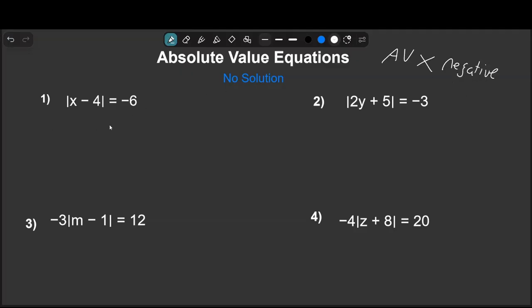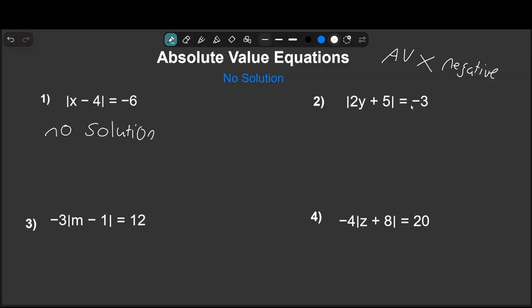If it is negative, you will have no solution. So for the first example here, we can just write no solution.